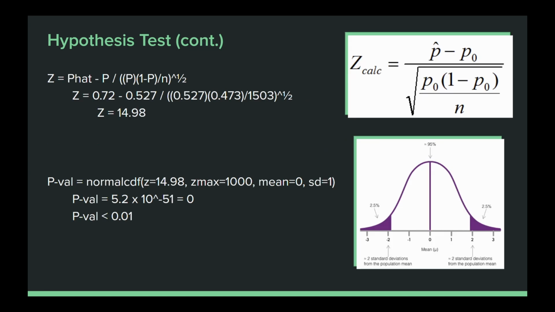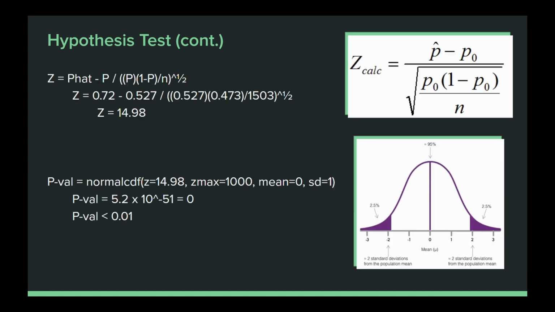And you use the p-value, and you look at a normal distribution. Based on a normal distribution, the probability of getting a z-value of 14.98, or 14.98 standard deviations away from the mean, is basically 0.